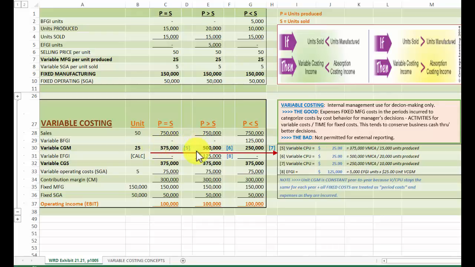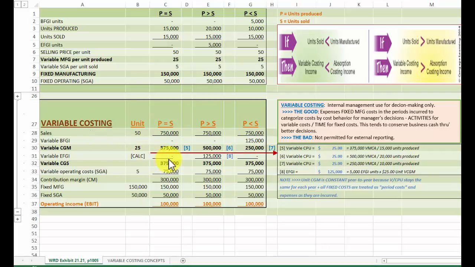In the second year, 20,000 units produced times $25 a unit would produce $500,000 of variable manufacturing costs. And in the third year, 10,000 units were produced at $25 variable manufacturing cost per unit. That produces $250,000 of variable manufacturing.